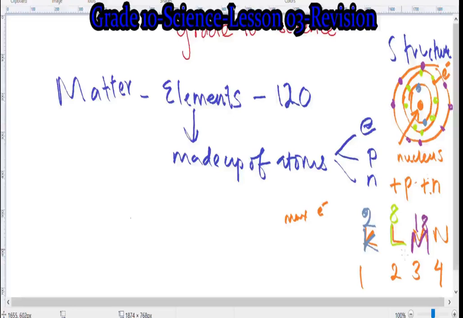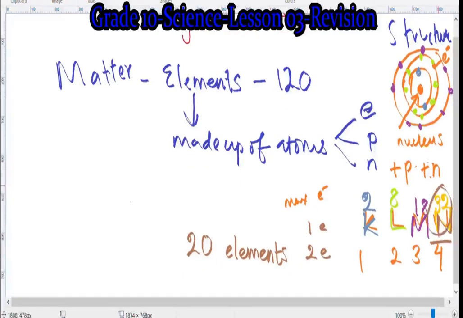Alright, so that is K, L, M. And then you have N. N has 32. But since we are studying only 20 elements, we need not go into this energy level except for the last 2, which will have only 1 and 2 electrons in the last energy shell.